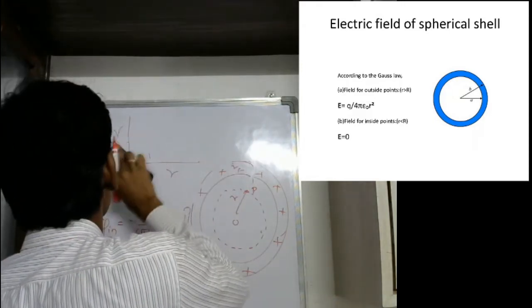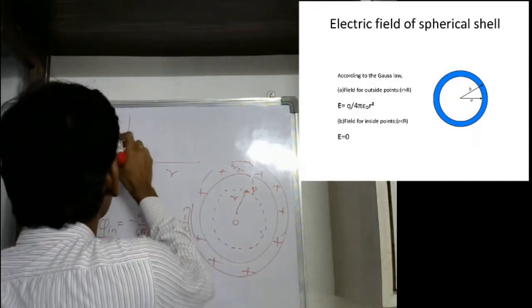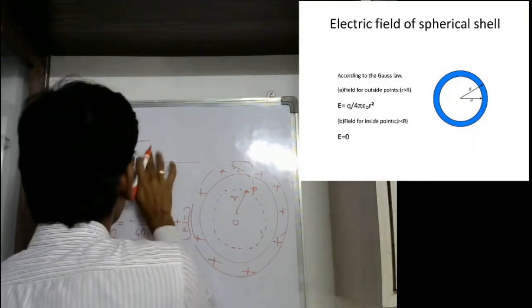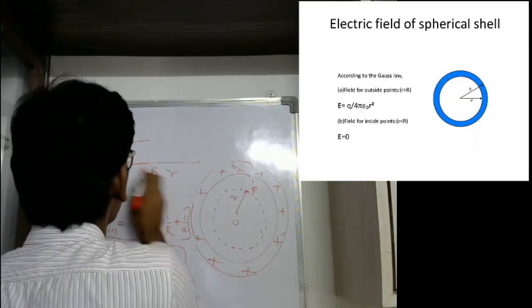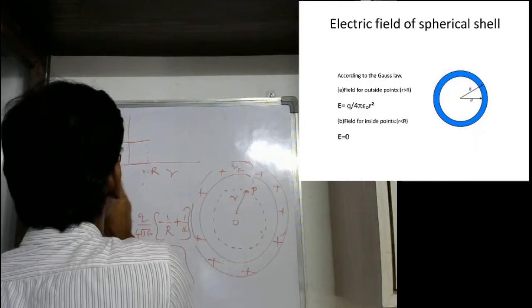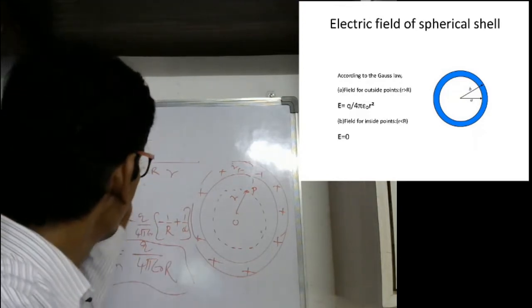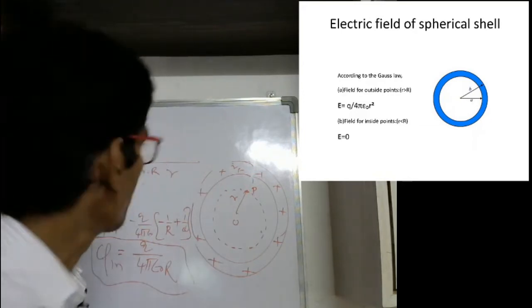Up to the radius, your phi is constant between R is equal to minus R. Okay, up to the radius. So along the diameter you have the same potential.